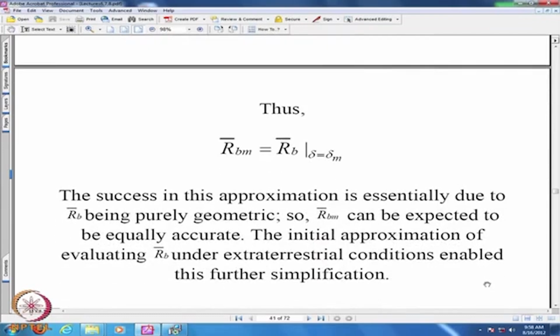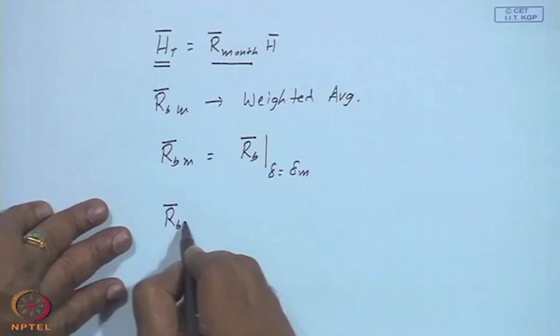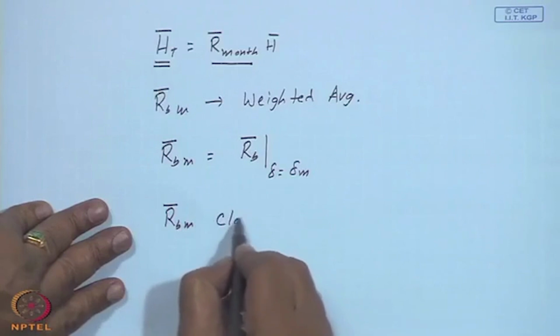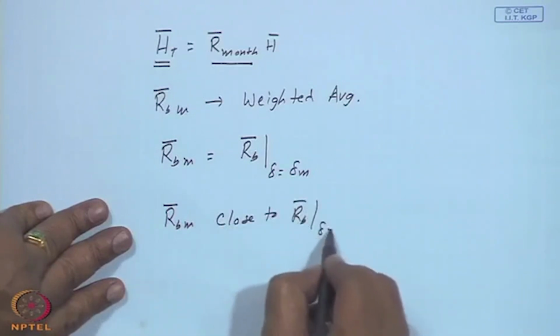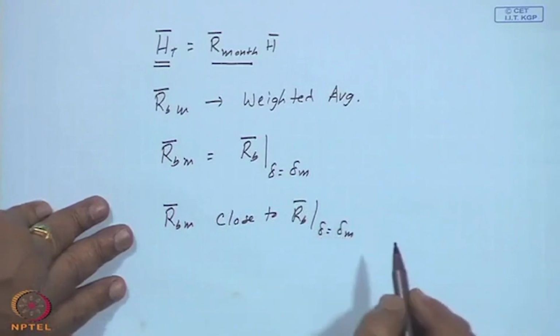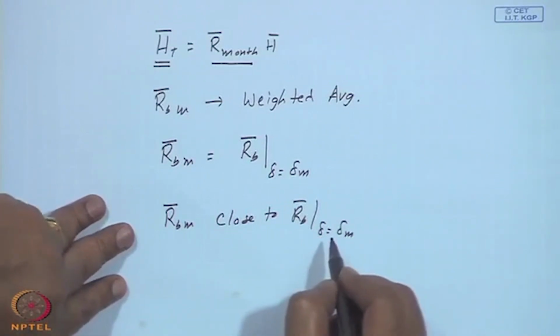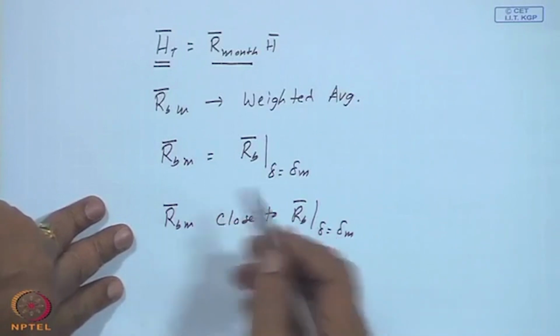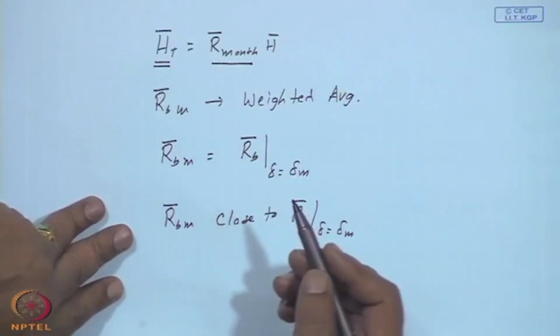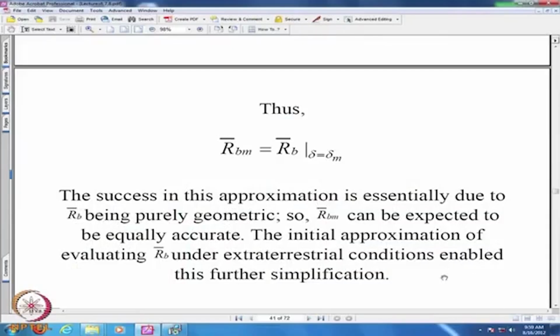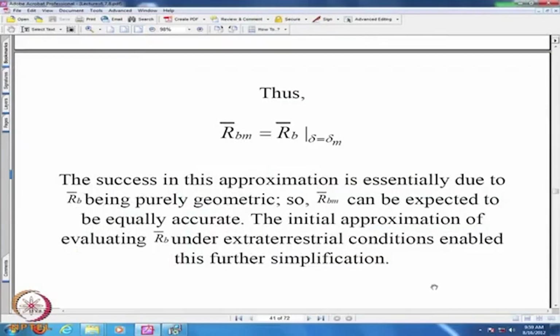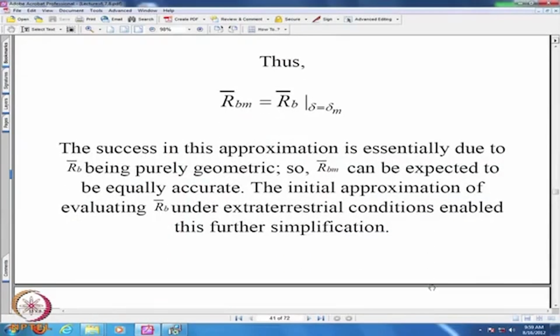Now, this R_B bar m is close to R_B bar evaluated with delta is equal to delta m, which has been verified with the data of 30 or 31 days. In other words, essentially you sum up the earlier relation, get R_B bar m and compare with the value that you obtained as if it is a single day, but with declination being delta m.